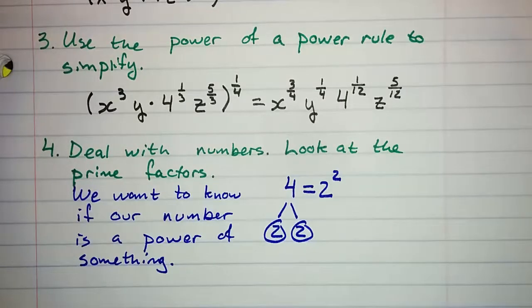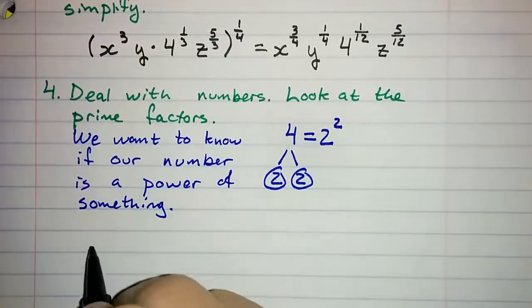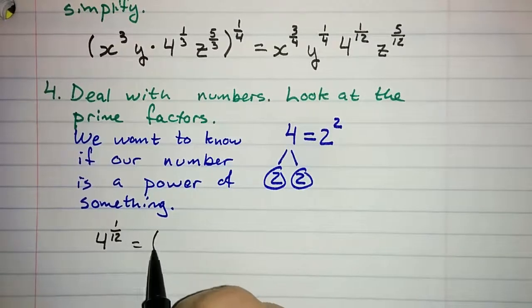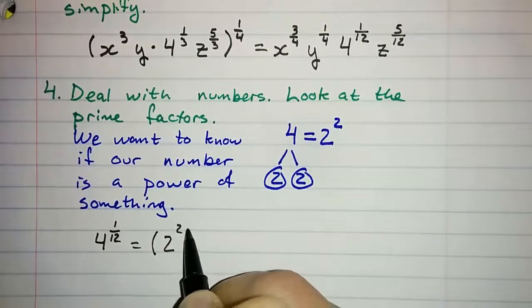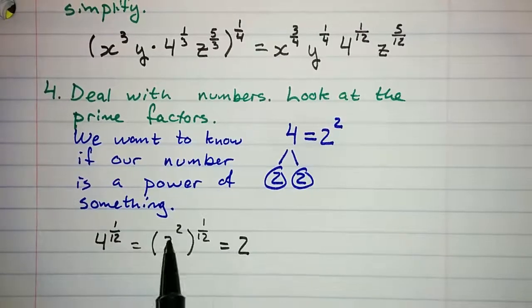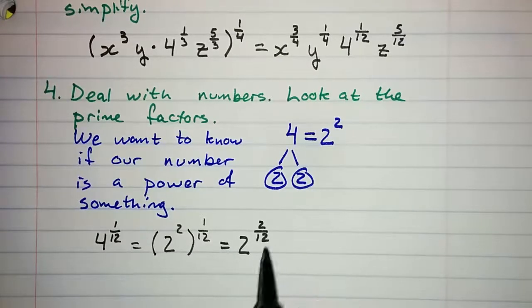If it isn't a power of something, we can just leave it be. But in our example, 4 to the 1/12 is 2 squared to the 1/12, which is 2 to the 2 times a 12th, is 2/12.